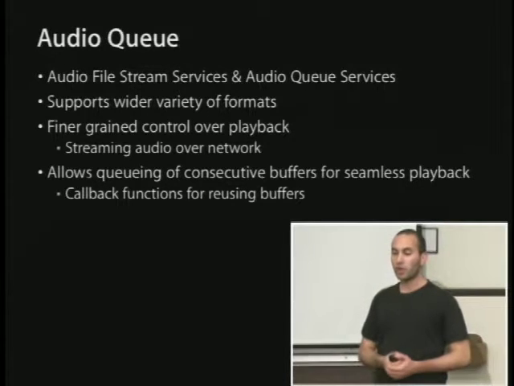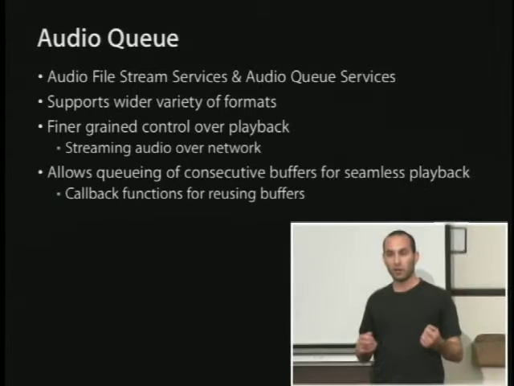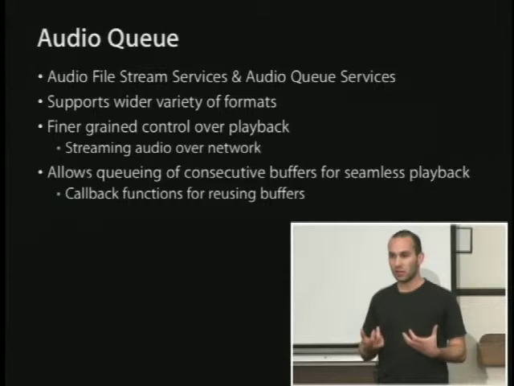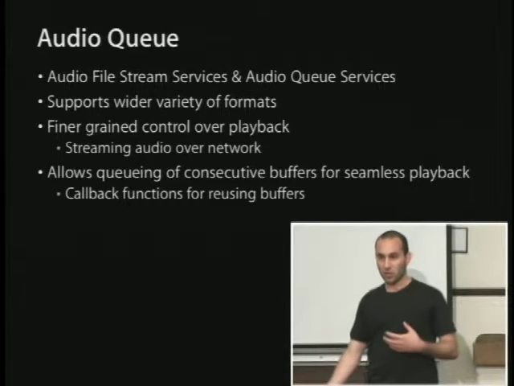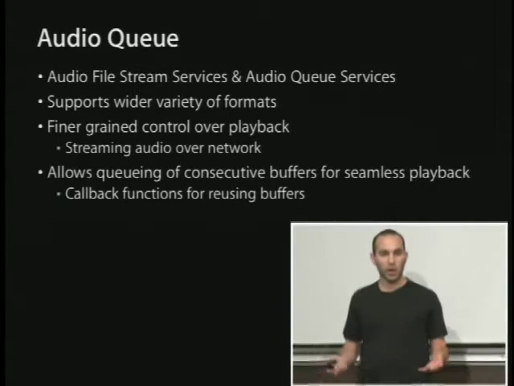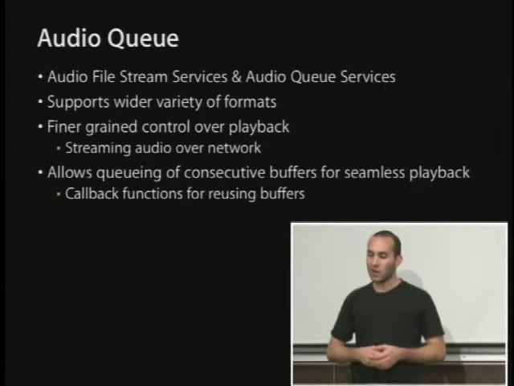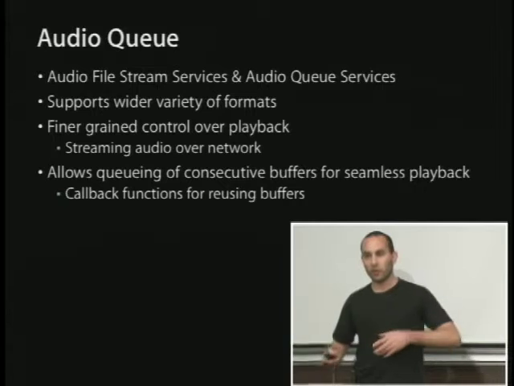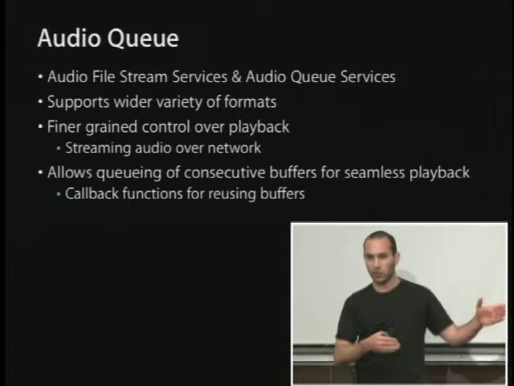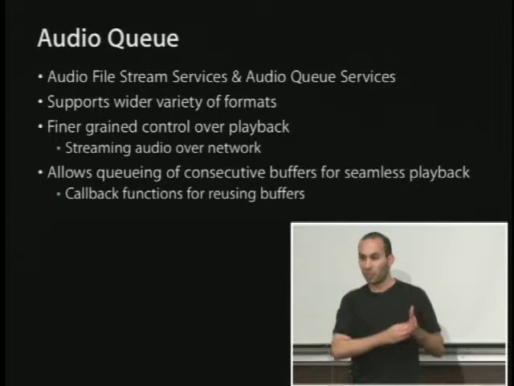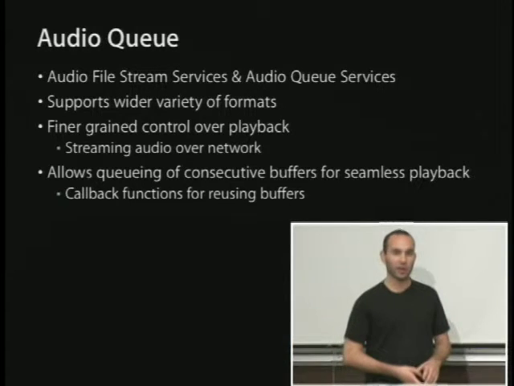What audio cue does is it's a way for you to feed buffers of data to the audio playback engine. If you're generating audio, you can generate your sine wave or whatever audio you're generating in consecutive buffers, feed that to the cue, and then the cue will play that for you seamlessly when you tell it to play.